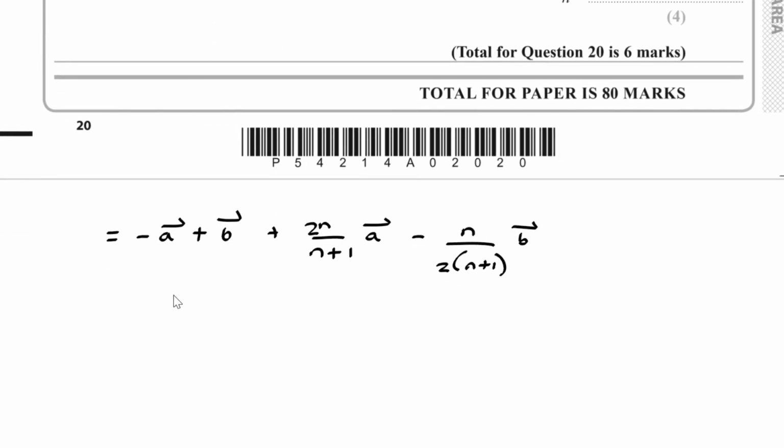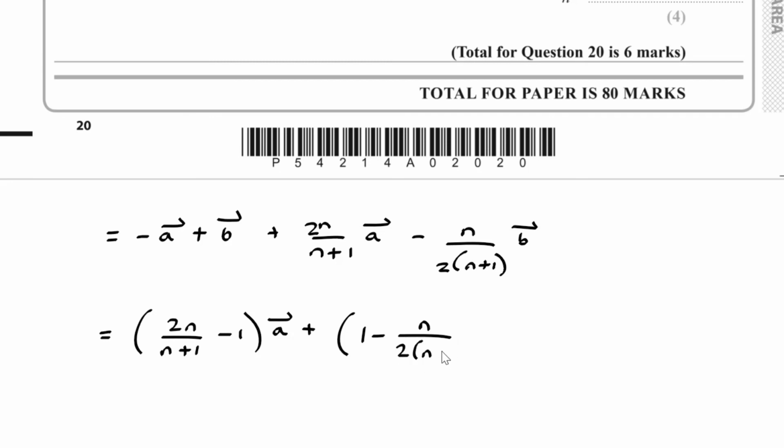And if we gather all the terms involving an A, we have 2n over n plus 1 minus 1 A, plus 1 minus n over 2 lots of n plus 1 B. And we know that CXE is a straight line, so therefore CX is some multiple of CE.